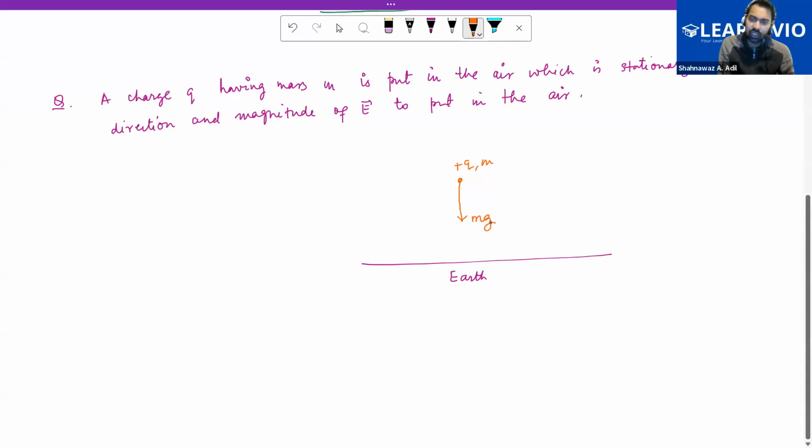Now we want to balance this charge, right? So we need to have a force in which direction? Upwards. So we need to have a balancing force in the upward direction, right? And that force can be provided by what?